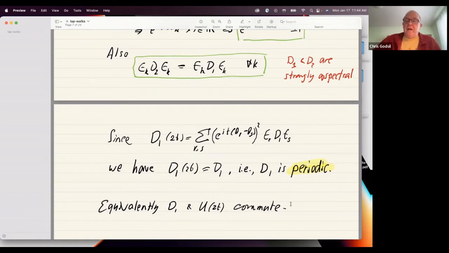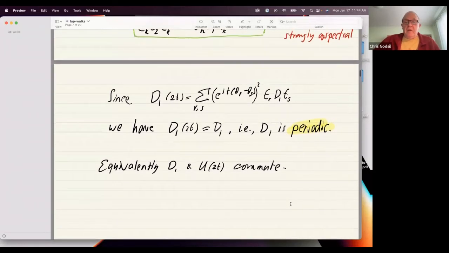It's surprising how much linear algebra reduces to deciding whether two things commute. For example, a matrix commutes with a projection onto a subspace if and only if it fixes the subspace and its complement. But we won't be worrying about that today. So as consequences of state transfer, we get periodicity, strong cospectrality, and commutativity properties.